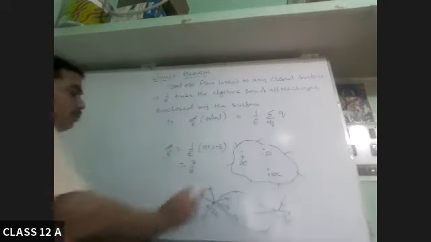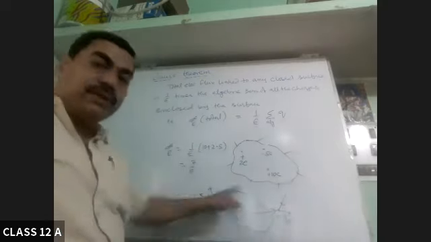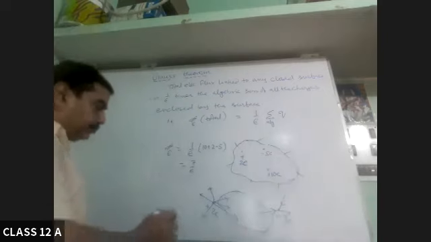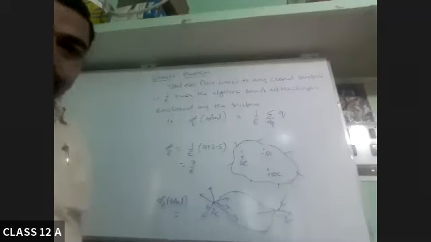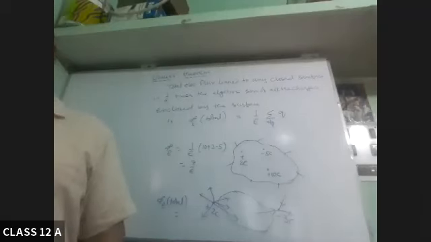According to this theorem, what should be the total flux linked to this surface? It is not inside the closed surface. So what will it be? 0.